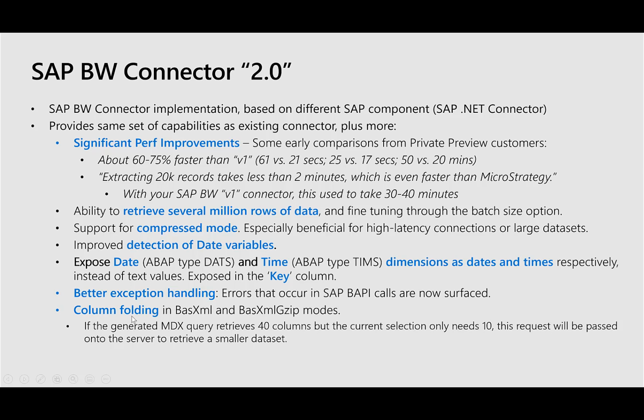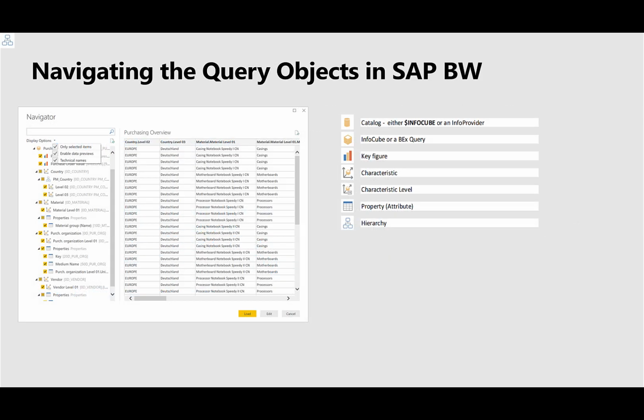And it does column folding, which I will discuss later. This is one of the performance characteristics that you want to ensure you're using to improve performance. And column folding is supported in these two different modes. That supports currency, units, and formatted values.